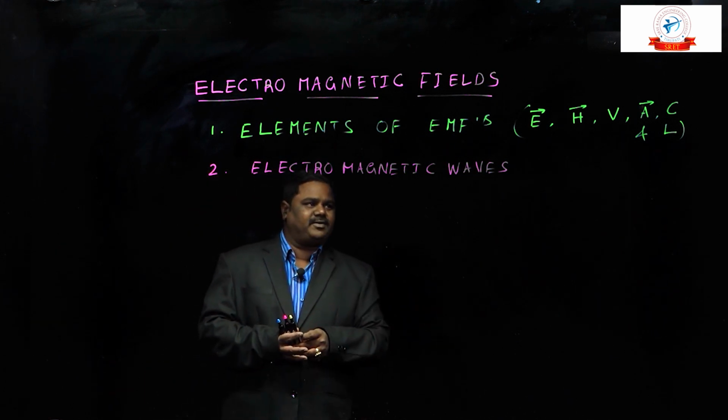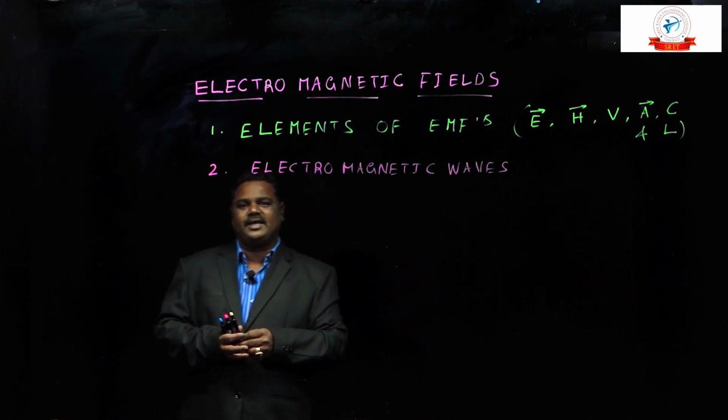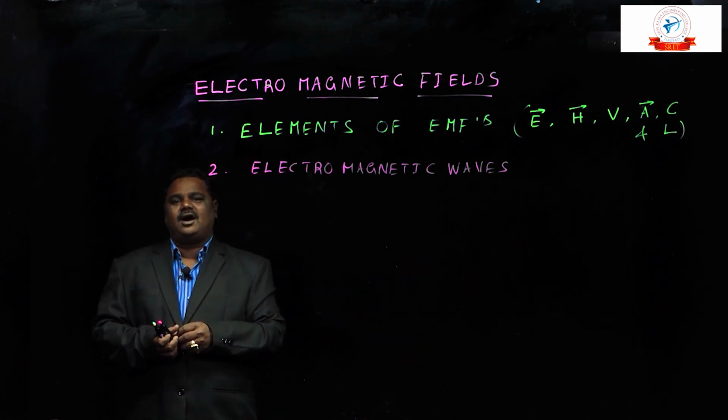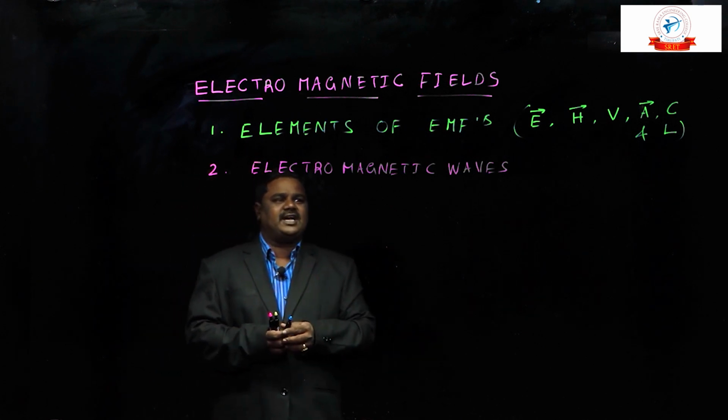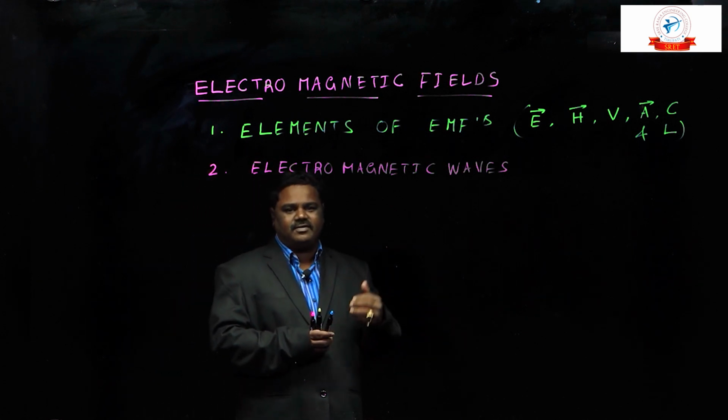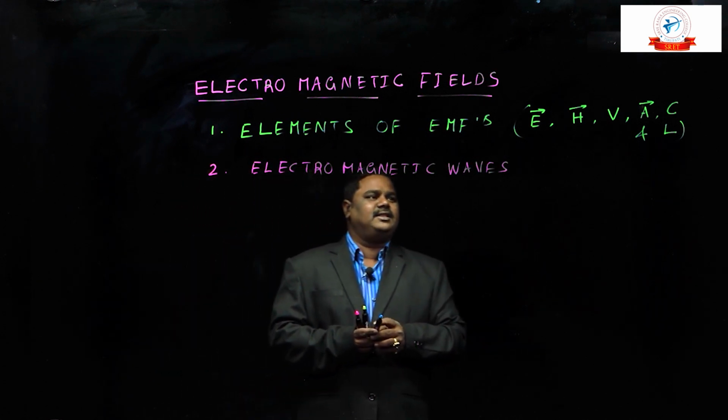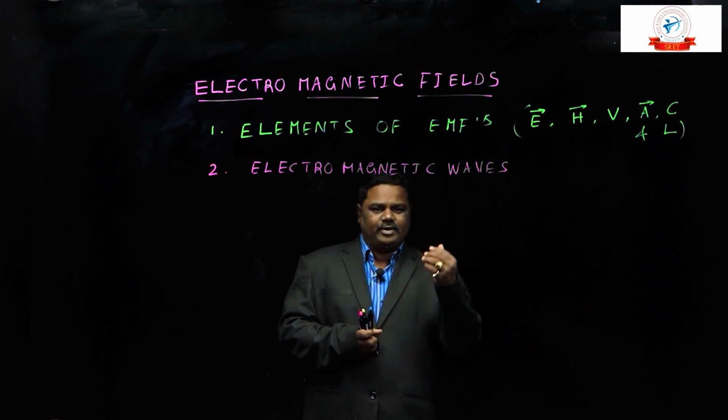In electromagnetic waves, I am going to explain what is meant by wave equation, or the condition for electromagnetic waves. Once you understand the wave equation, we are going to study wave propagation.